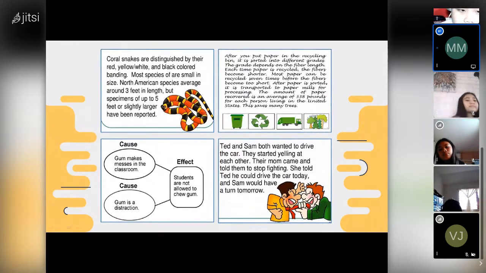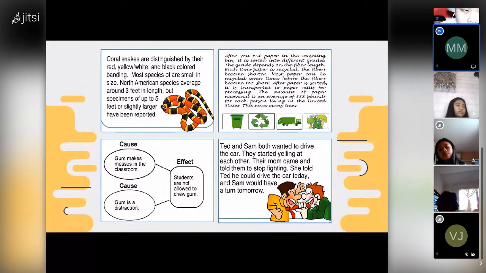Next, which picture shows a problem and solution? Okay, let's have Jack. Jack, which picture shows a problem and solution?